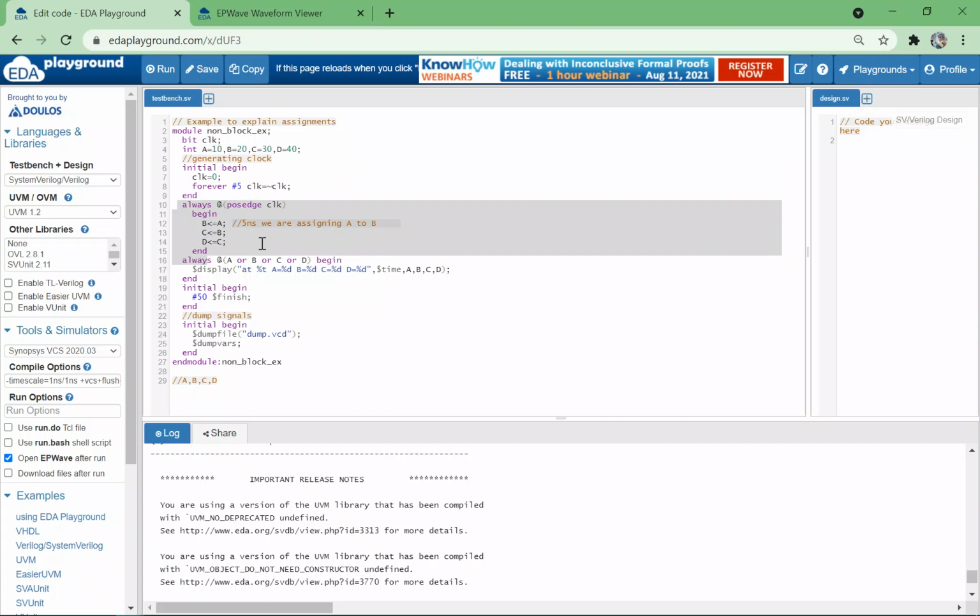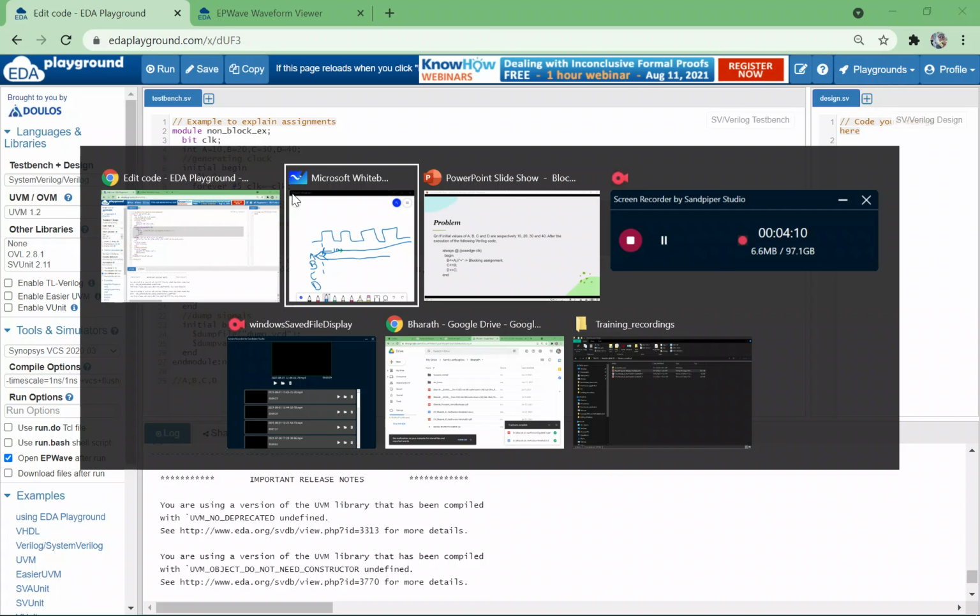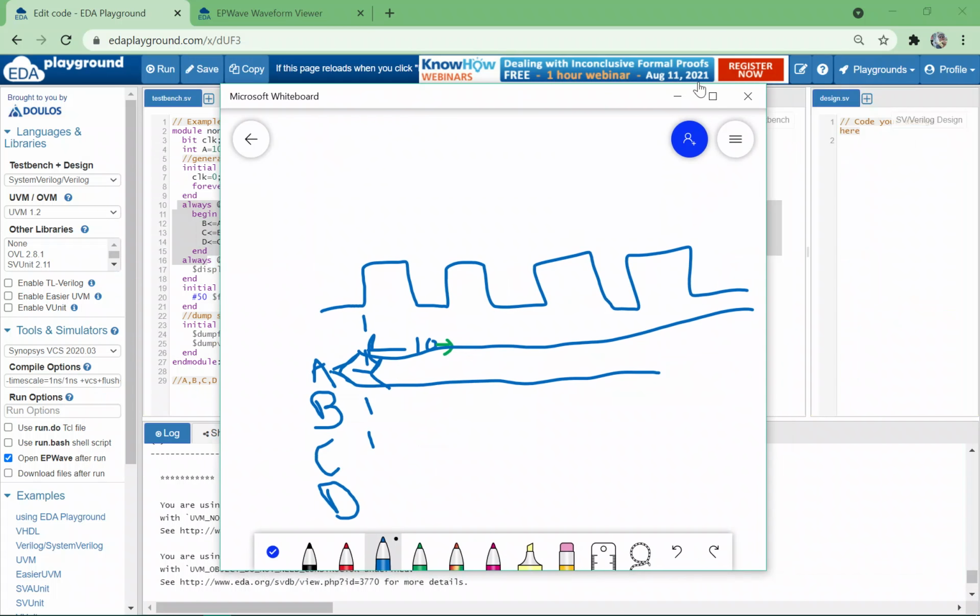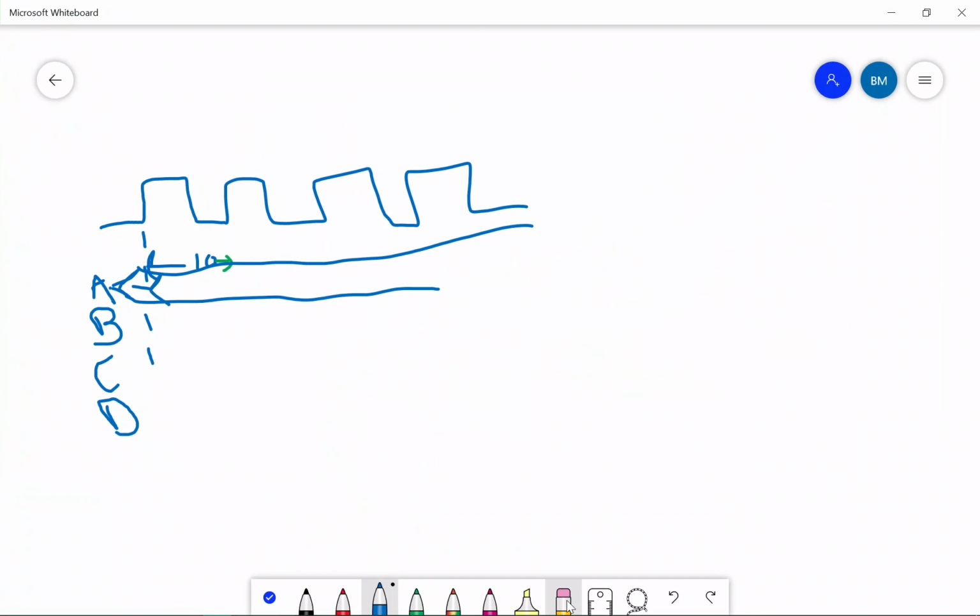For this module, the non-block example module, we have an input called clock. Let me make it more relevant. This is our module, and it has A, B, C, D inputs and clock as well.